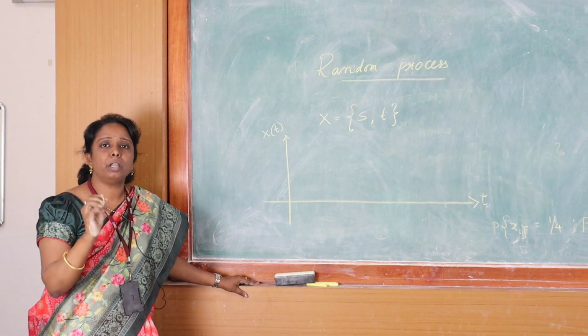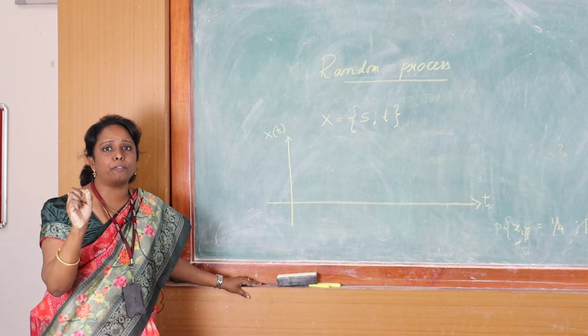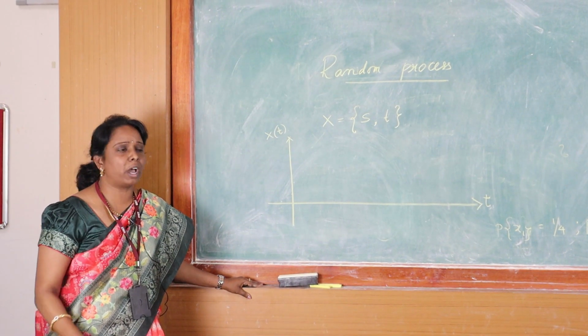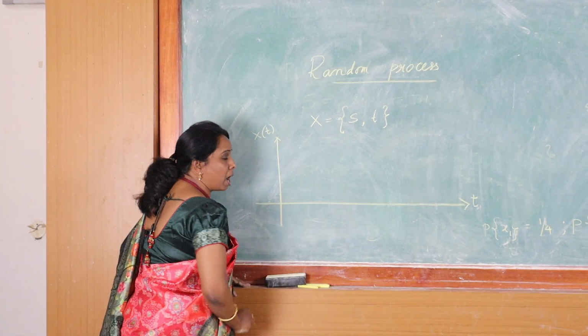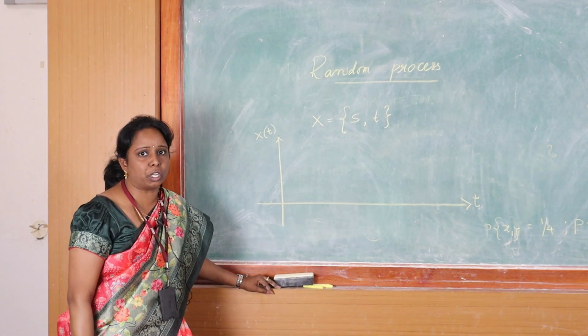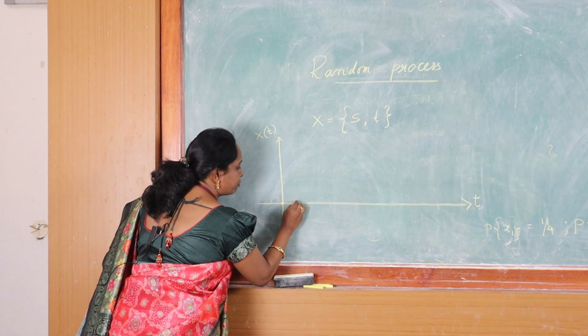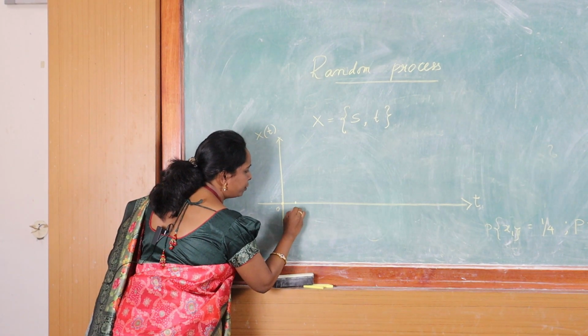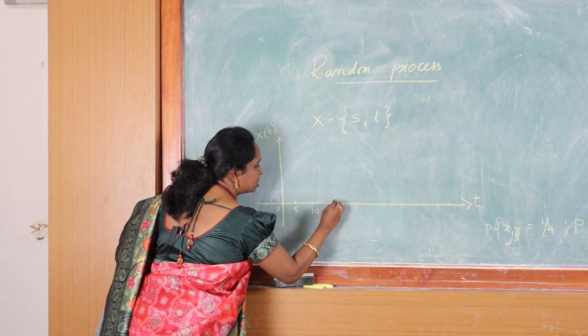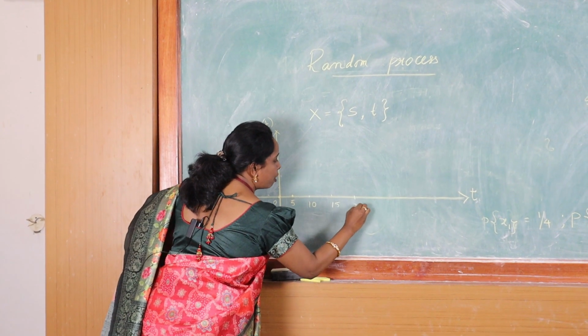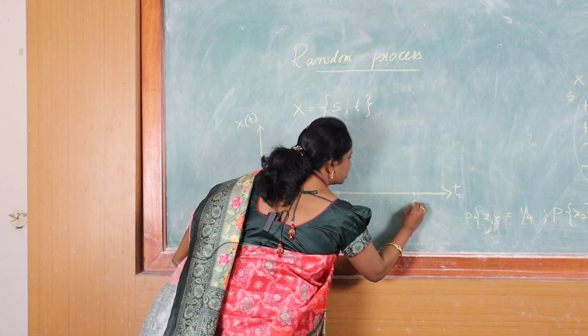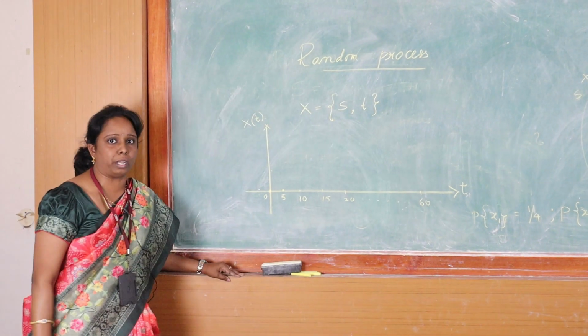Whenever you are taking, for example, in the afternoon from 1 p.m. to 2 p.m., let me mark the temperature values every 5 minutes. So at the initial point, next after 5 minutes, after 10 minutes, after 15 minutes, after 20 minutes, like this, after 60 minutes.